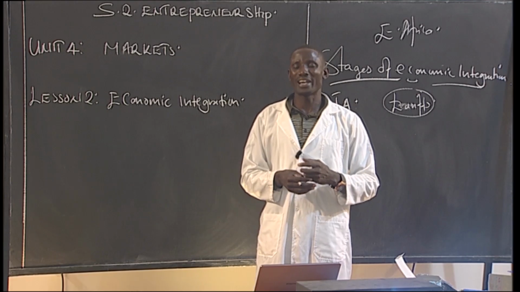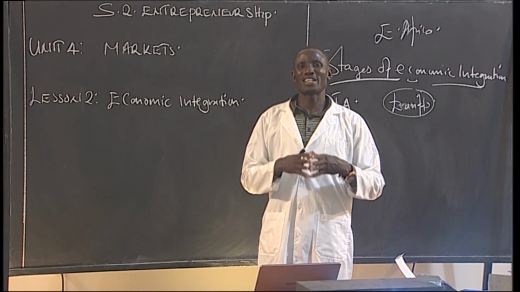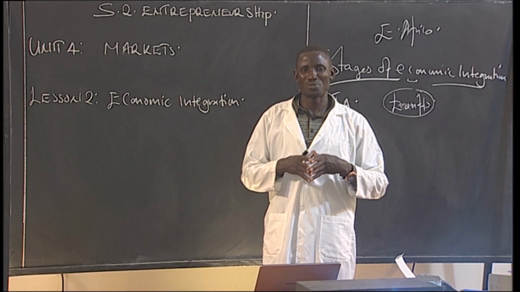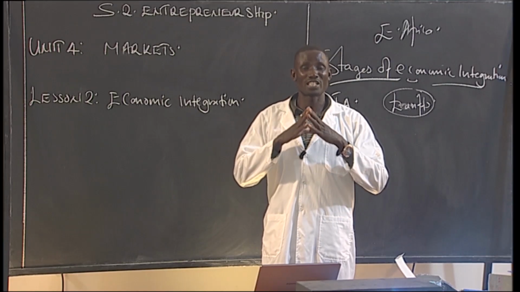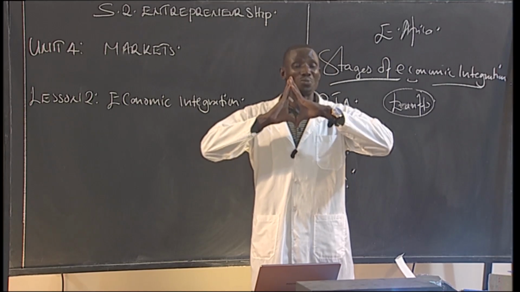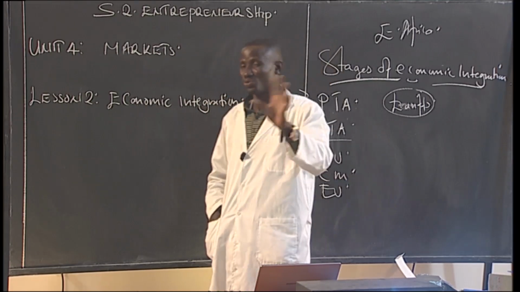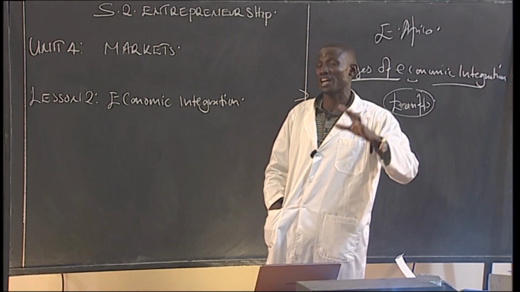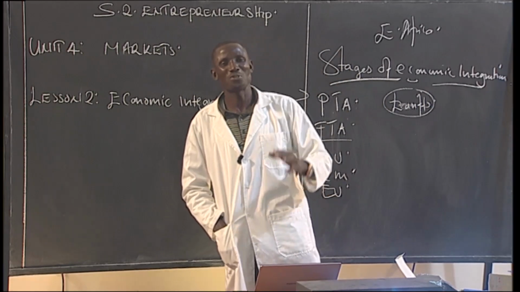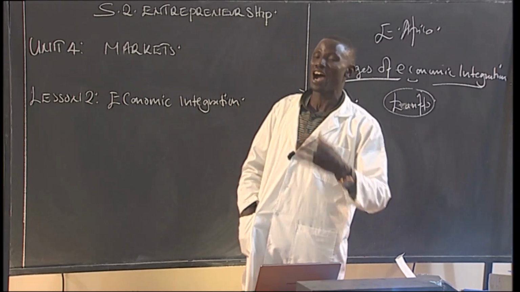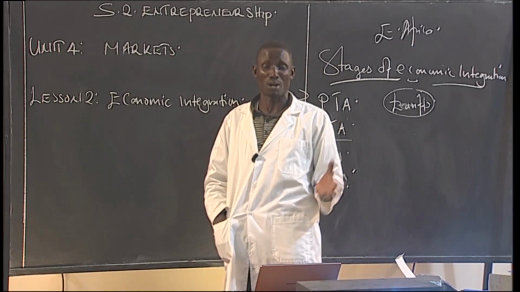You know, when you bargain with confidence, you know that, hey, now Rwanda, we are specialized in tea and coffee. Those are the goods that we always produce and we are proud of. When we are in the East African market, we have bargaining power. Why?